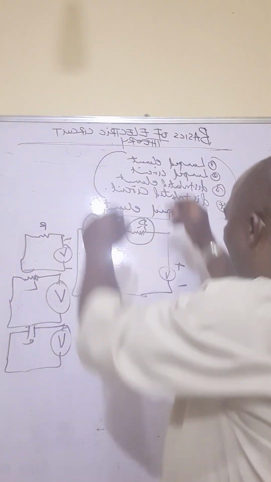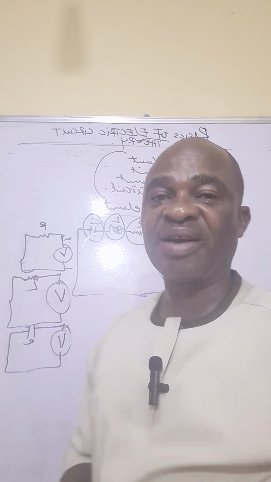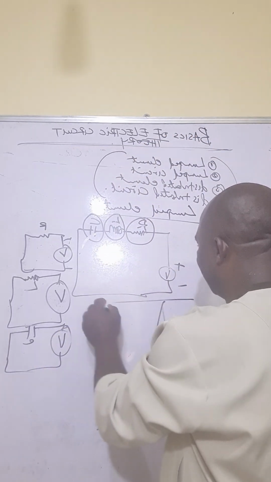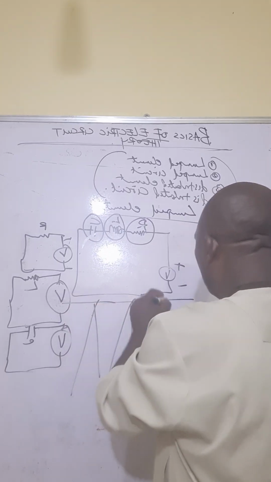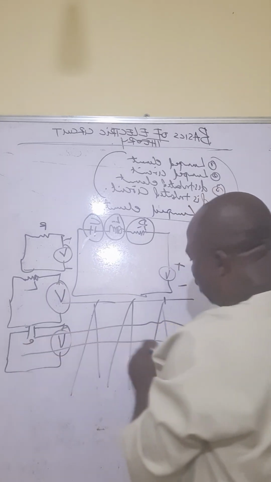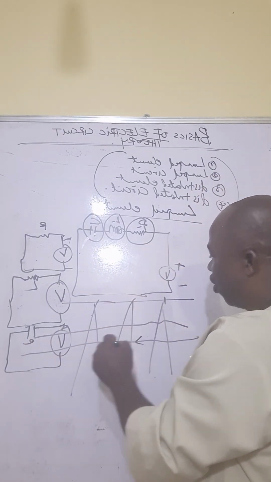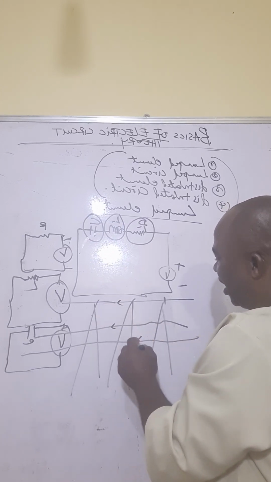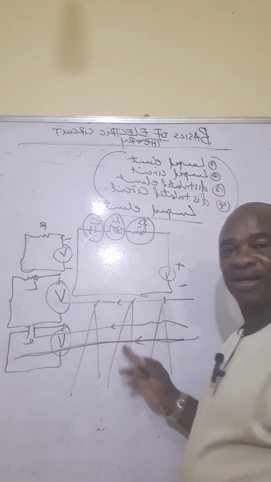So, an example of a distributed circuit is the transmission line. Let's take that this is the transmission line. These are our conductors, where our various currents flow. You can see that the capacitance is distributed entirely on this line.